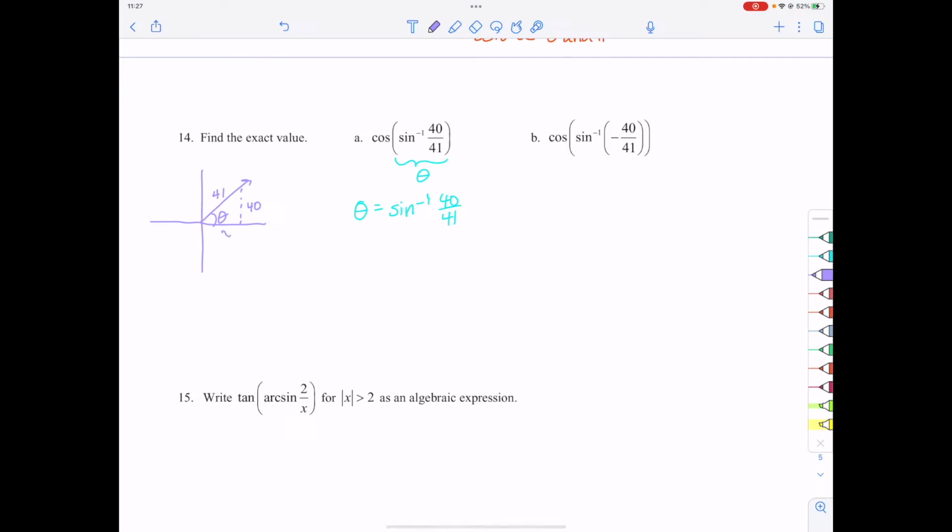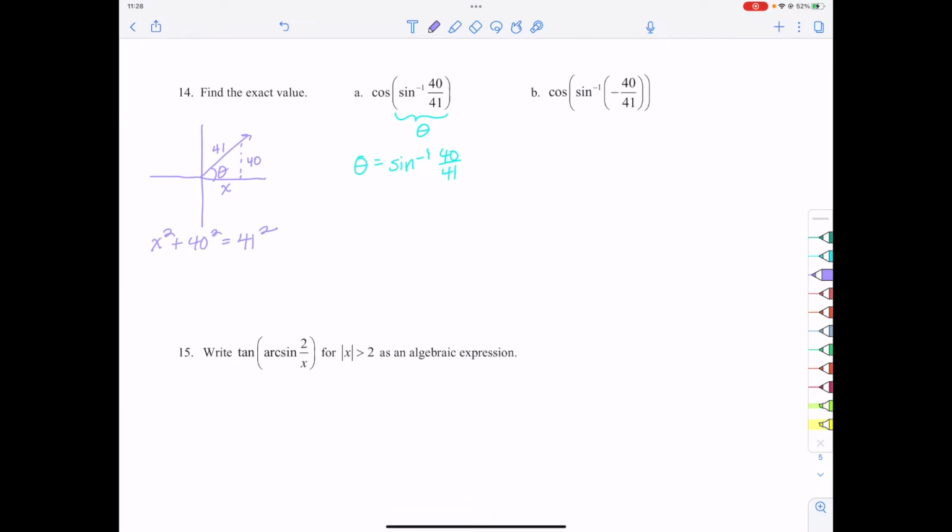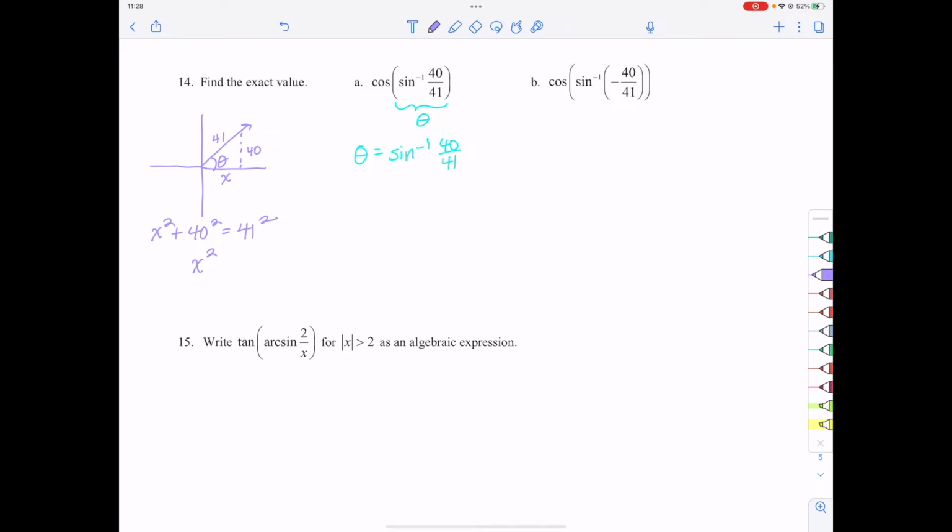So how can we solve for this x? X squared plus 40 squared equals 41 squared. So we have x squared equals, I'll go ahead and square those for you, 1681 minus 1600. And we come up with x squared equals 81 and x equals 9. Okay, so now that same theta we will use.